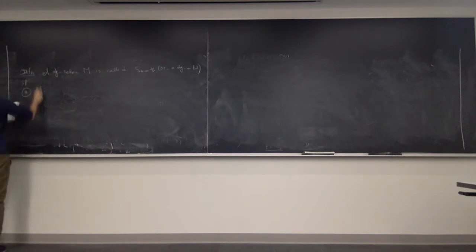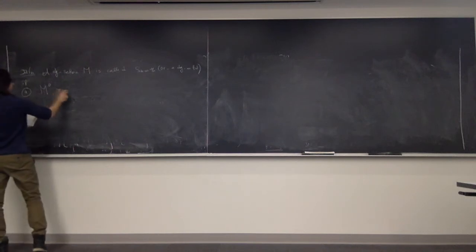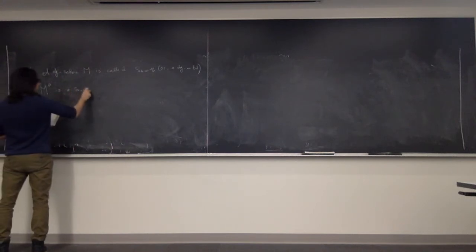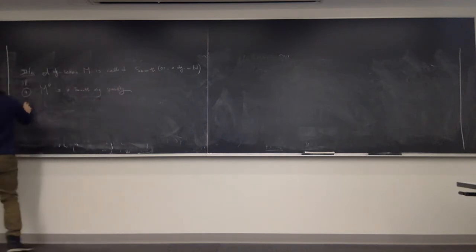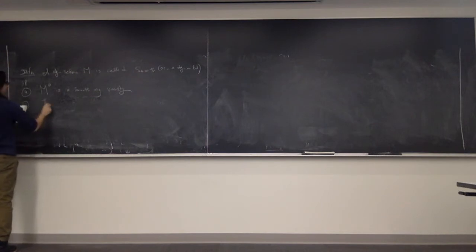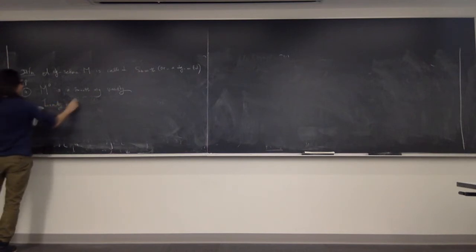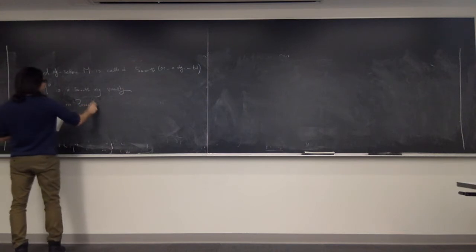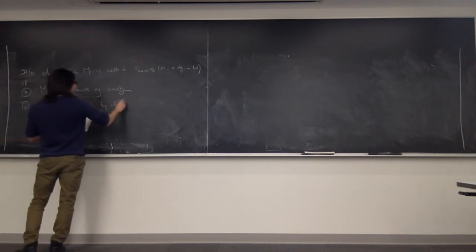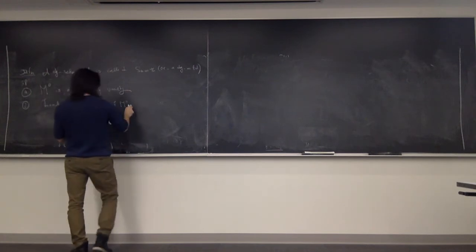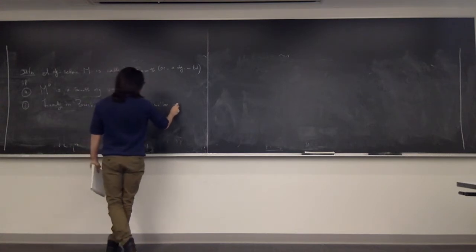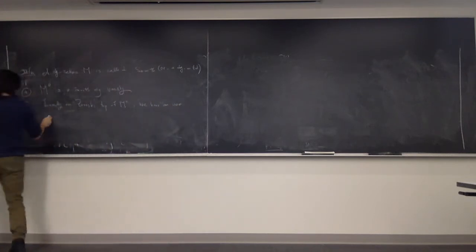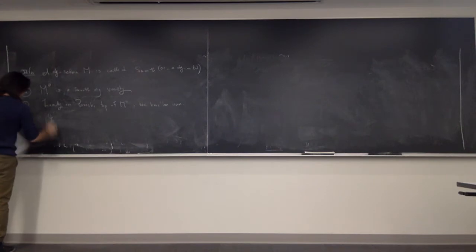one, M0, the regular underlying scheme of this thing, is a smooth algebraic variety, and two, locally in the Zariski topology of M0, this can be given as an isomorphism of the DG algebra of our space.